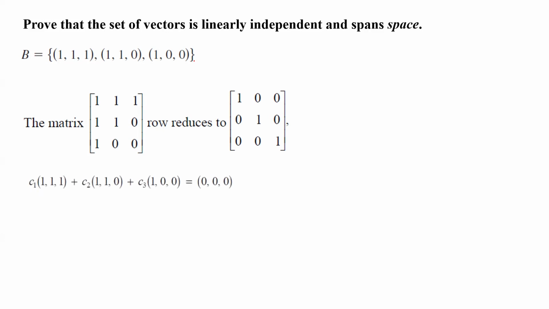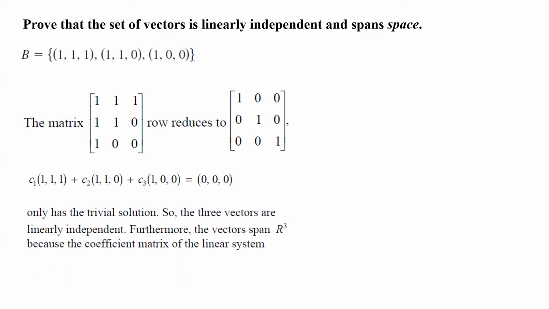Now, C1 times (1, 1, 1) plus C2 times (1, 1, 0) plus C3 times (1, 0, 0) is equal to (0, 0, 0). Since we wrote it in reduced form, it means that C1 is 0, C2 is 0, C3 is 0, and then we are done. These are all linearly independent from each other.